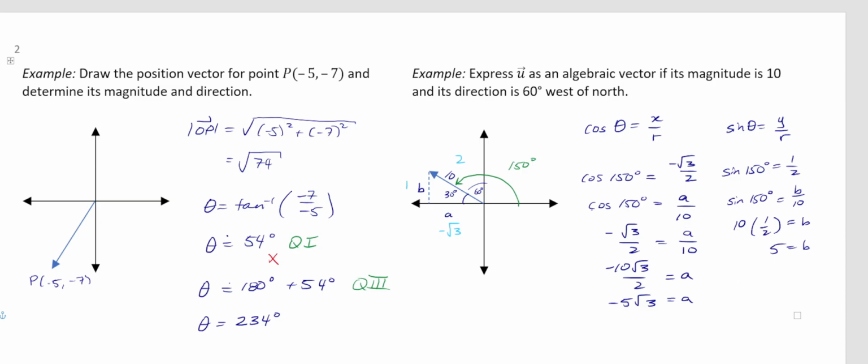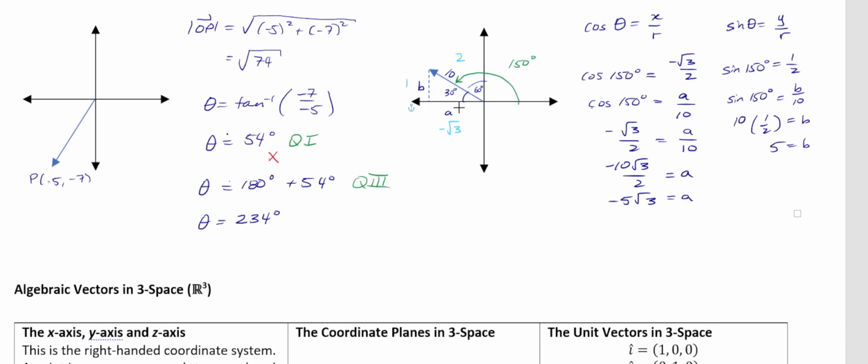If you're wondering how I got that, this 10 right here was, as we saw, underneath the b, and I multiplied both sides by 10, which is why the 10 is now on this side over here. 10 times 1 over 2 is equal to 5, so 5 is equal to b. So I have my a component, that's negative 5 root 3, and my b component is just 5.